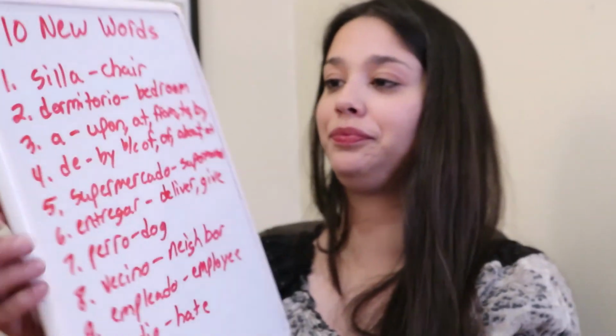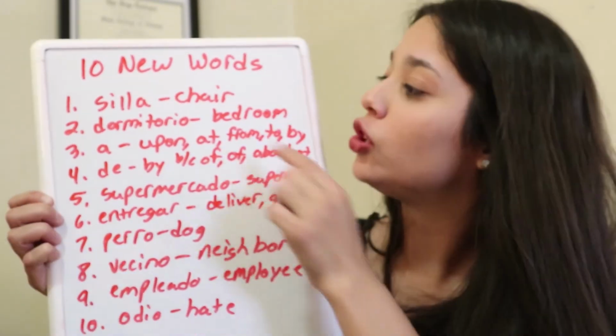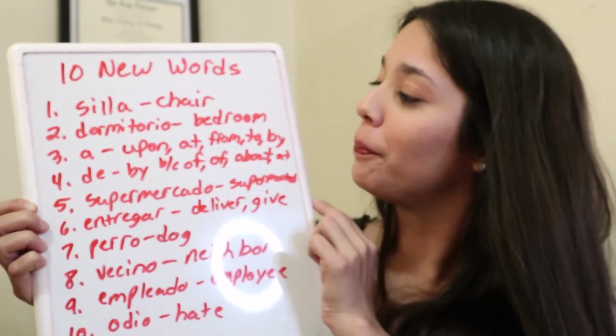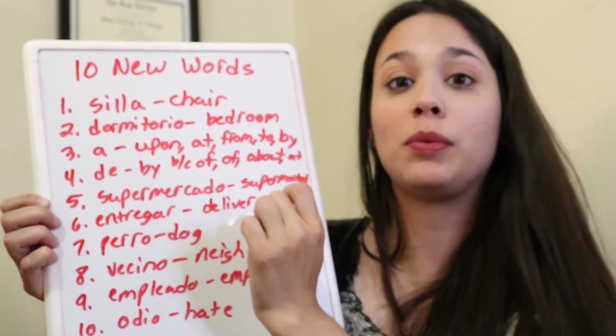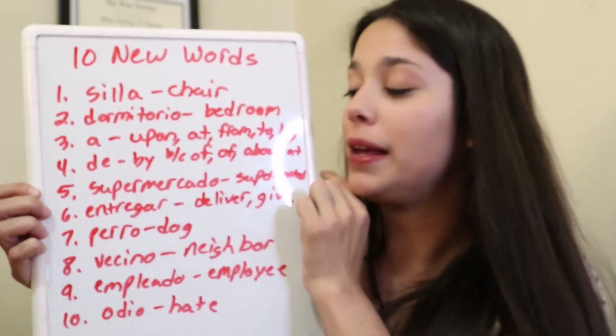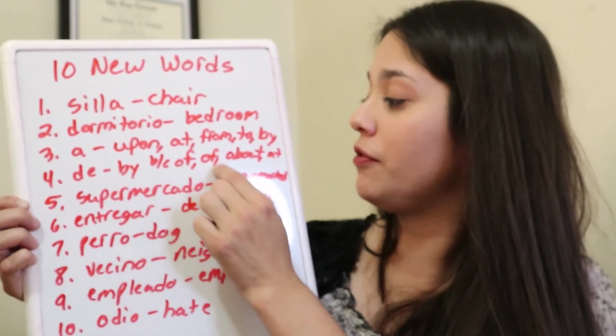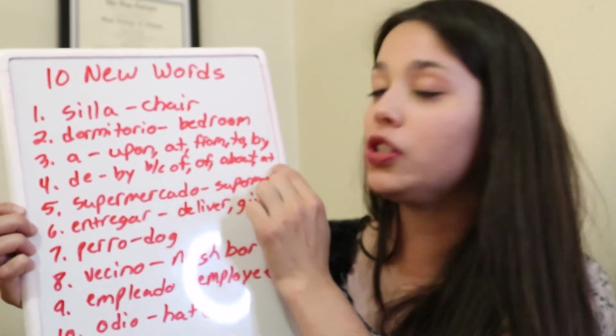Great job! Now let's review our 10 new learned words from today's lesson. So we have our first one, silla, chair. Dormitorio, bedroom. A, which would mean upon, at, from, to, or by. De, which means by, because of, about, or at.